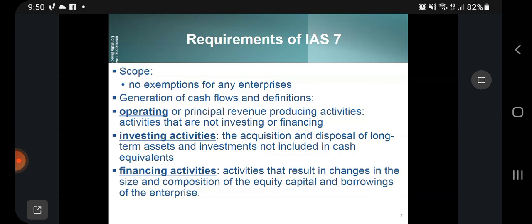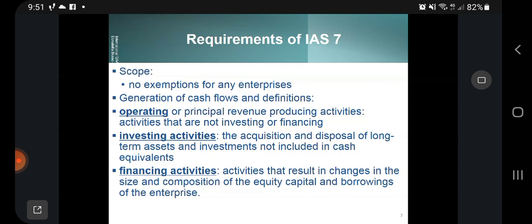Something else that I need to say: whenever you are not quite sure where to include a transaction as operating, investing, or financing, please remember that investing is very specific. The transactions included in the investing activities usually impact the non-current assets section in the balance sheet. Whatever happens that changes the items in the non-current asset section in the balance sheet is going to be included in the investing activities.